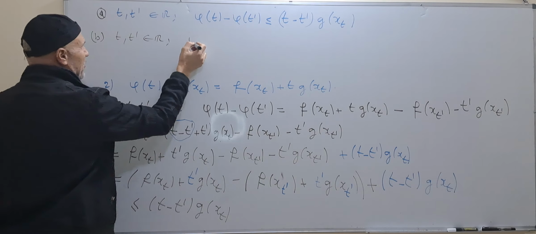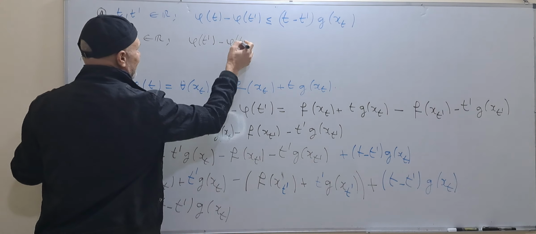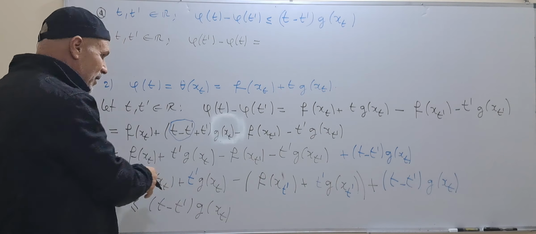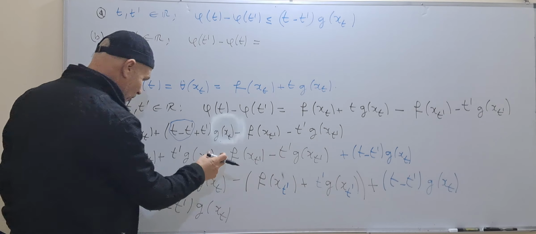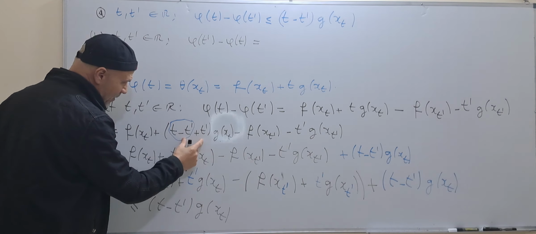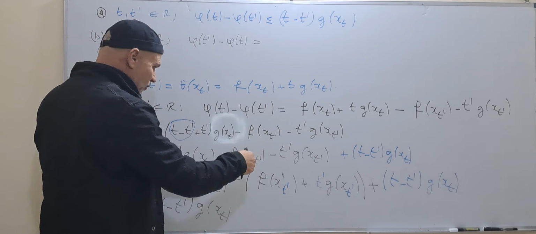Let us consider phi of t prime minus phi of t. We will repeat the same thing, so this replacement. At the last, it will be less for the same reason.